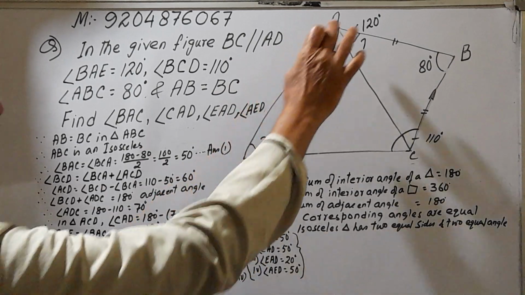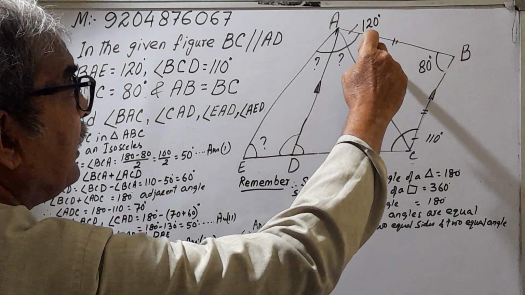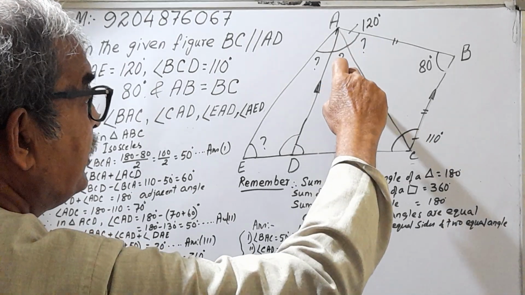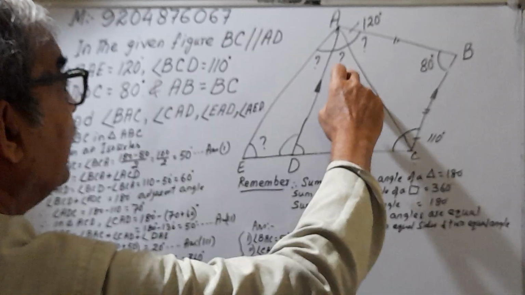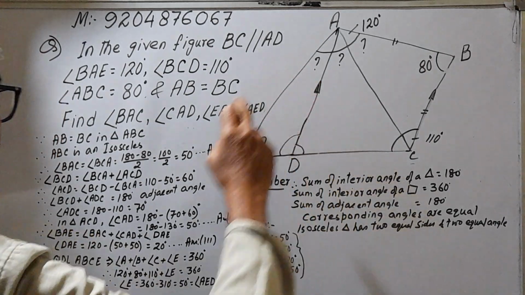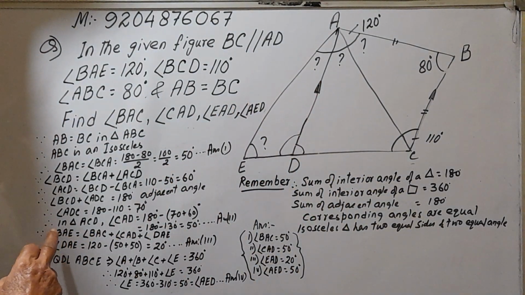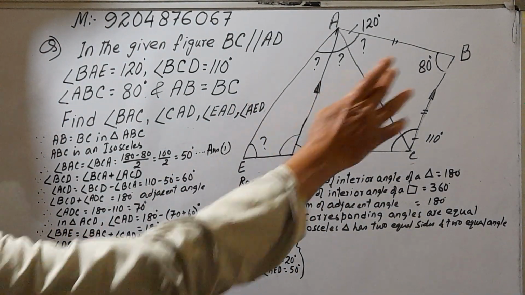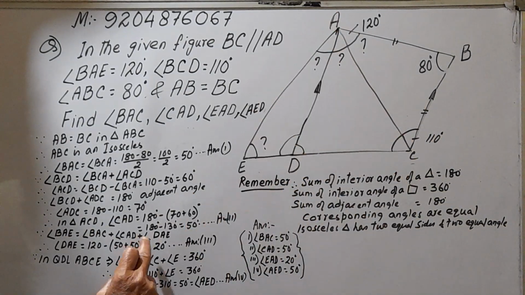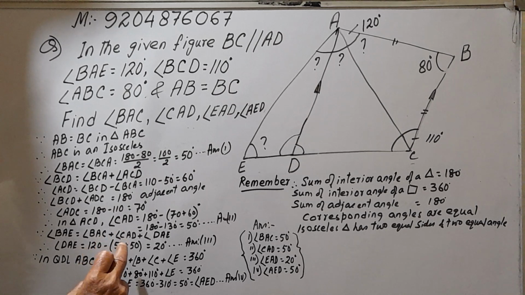See EAD: this angle is 50 degrees, this angle is 60 degrees, and this is also 50 degrees. This is 50, this is 50, so this will be 20 degrees. I have written here: angle BAE equals angle BAC plus angle CAD plus angle DAE. So 50 plus 50 is 100; subtract it from 120, so you will get 20.